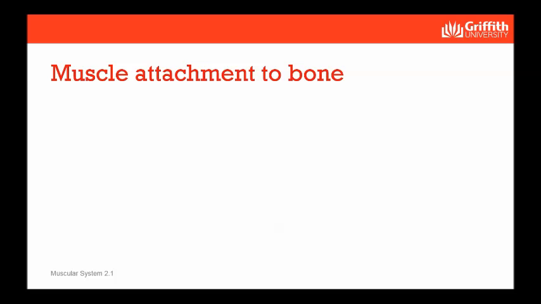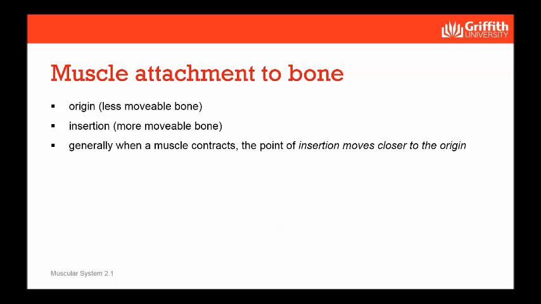Skeletal muscles and joints are attached to bone in at least 2 places. The origin is the less movable bone, and the insertion is the more movable bone. Generally speaking, when a muscle contracts, the point of insertion moves closer to the point of origin. The attachment itself may be direct, where the epimysium of the muscle is fused to the periosteum of the bone.